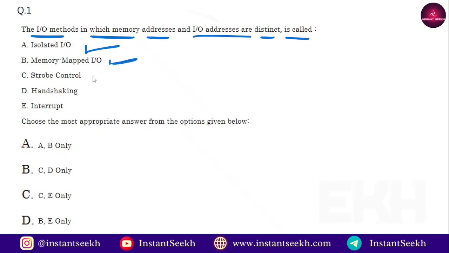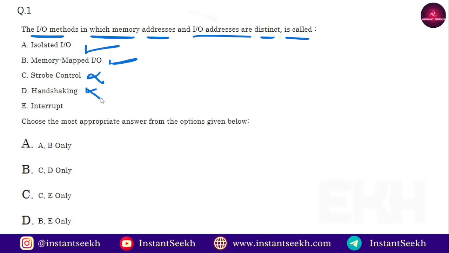So this is a correct option as well. Stop control is a method that involves a signal called stop to synchronize data transfer between the CPU and peripherals. Not an IO method, so this gets eliminated. Handshaking is a method used to control the data transfer between two devices using signal controls to ensure proper timing and coordination.